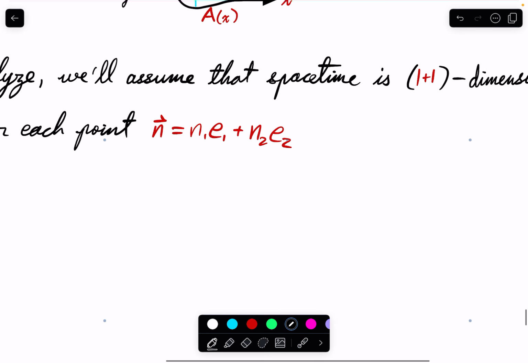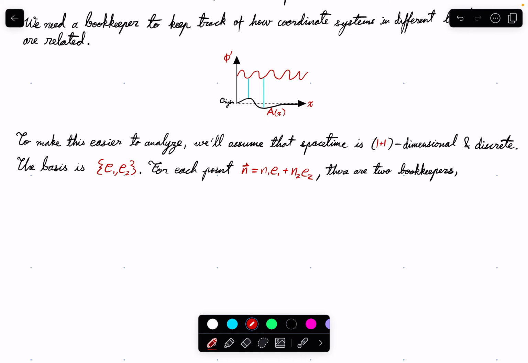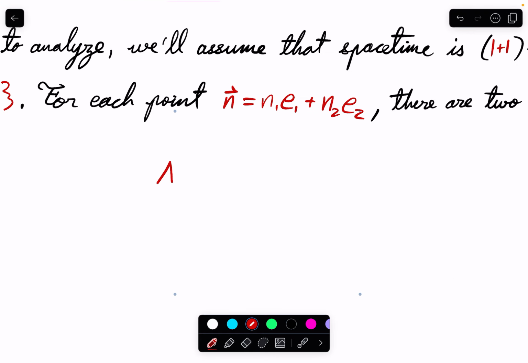But for each point n, there are two bookkeepers. You're going to have A1 n and you're going to have A2 n.